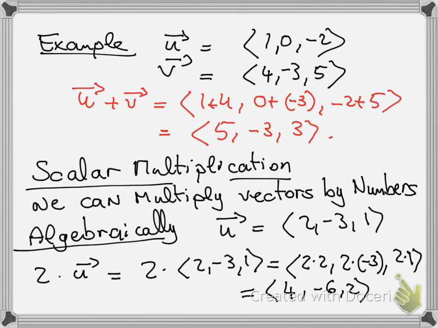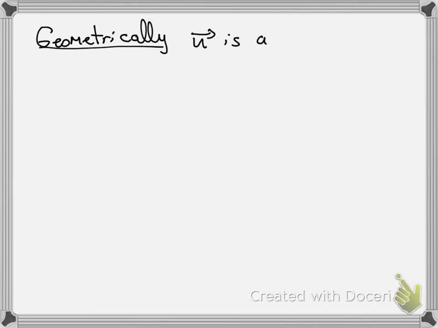So, well, geometrically, if you have a vector, let's say u is a vector, and c is a number. Okay.